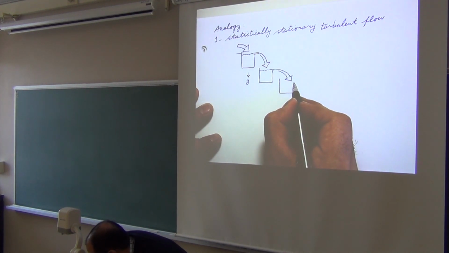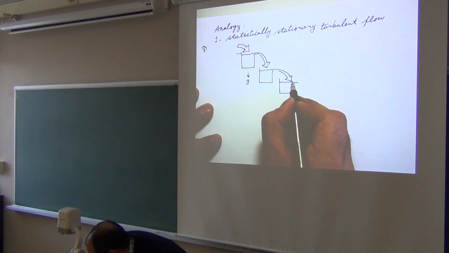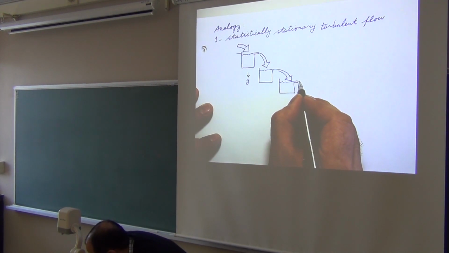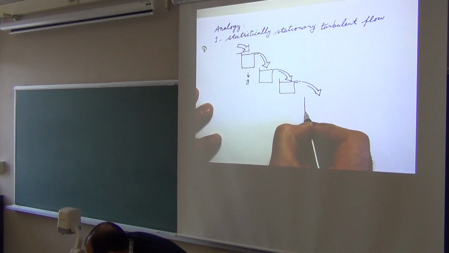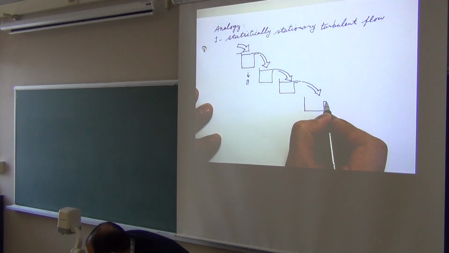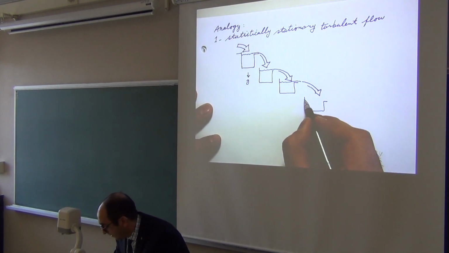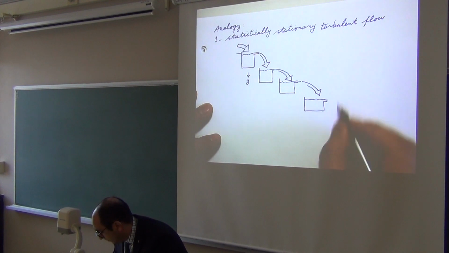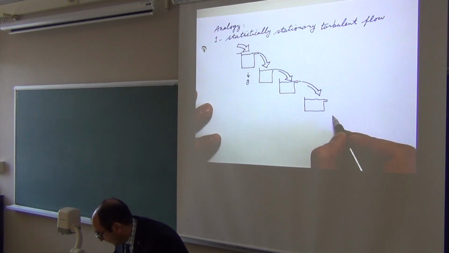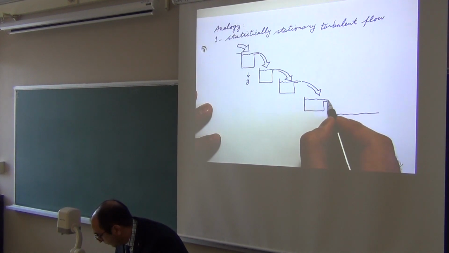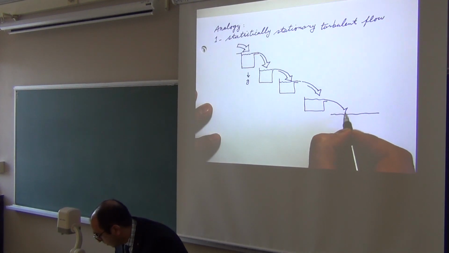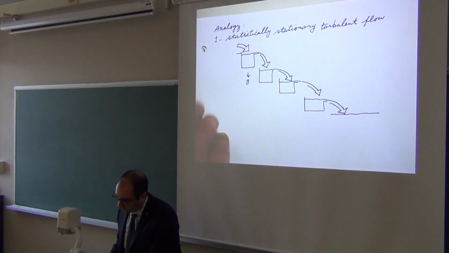And again, this bucket eventually fills up, so the water in there pours down to the next bucket. And this keeps going all the way to the very end, where suppose that the water pours into a lake or pond or something like that.